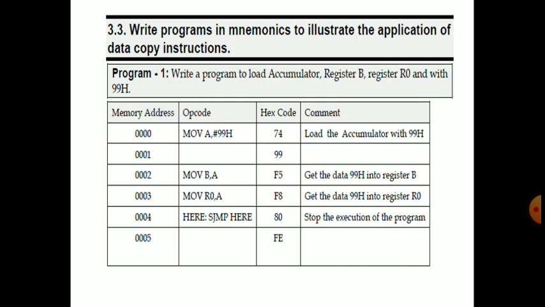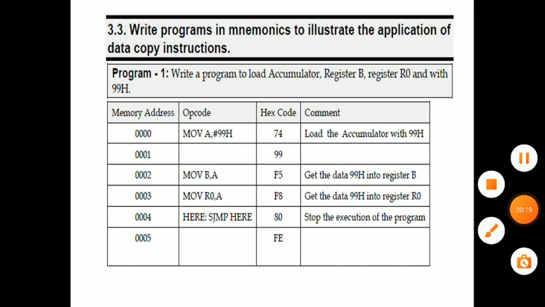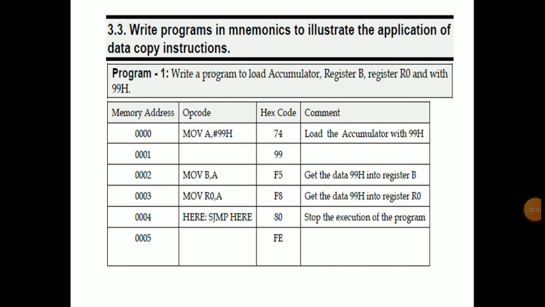After the first instruction, MOV A, #99H, there is a memory address 0001 which is left empty. Actually this is a 2-byte instruction, so 0000 is the first byte and 0001 is the second byte. Both the bytes are used for MOV A, #99H.